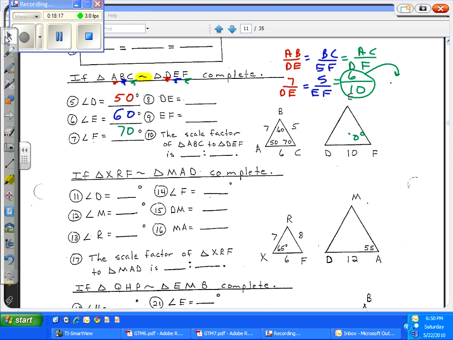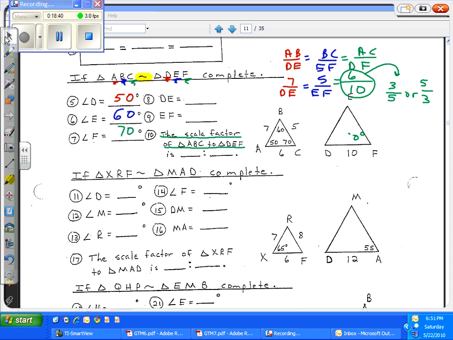The one we knew both of, we can reduce, and that becomes our scale. And so our scale factor is either 3/5 or 5/3, depending on if we're scaling up or scaling down. Now this question right here, it says the scale factor of ABC to DEF.